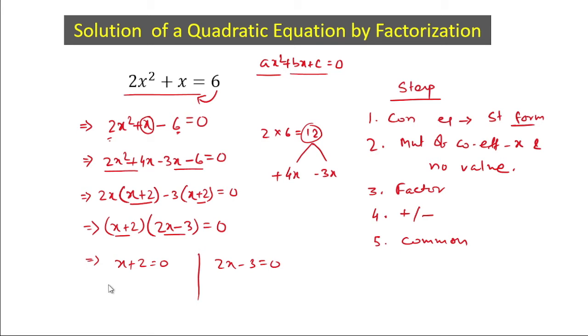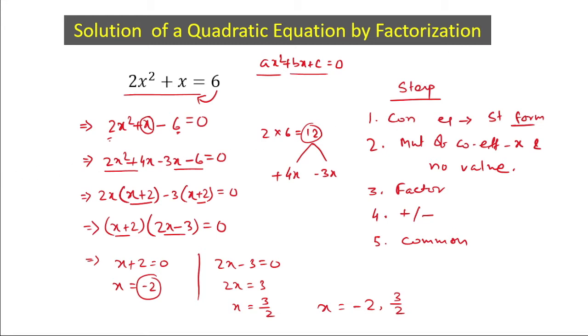From here we get x is equal to minus 2, and 2x is equal to 3, so x will be 3 by 2. So friends, this is the value of x that we have calculated: minus 2 and 3 by 2. This is the method to find the value of x by the factorization method.